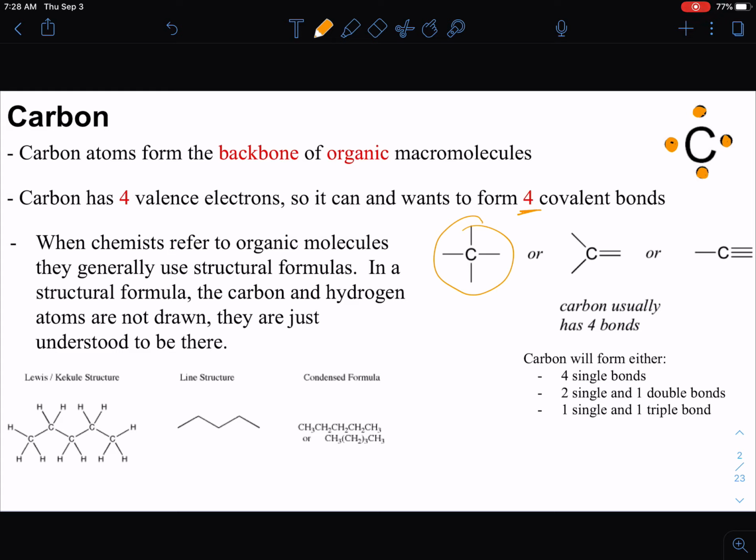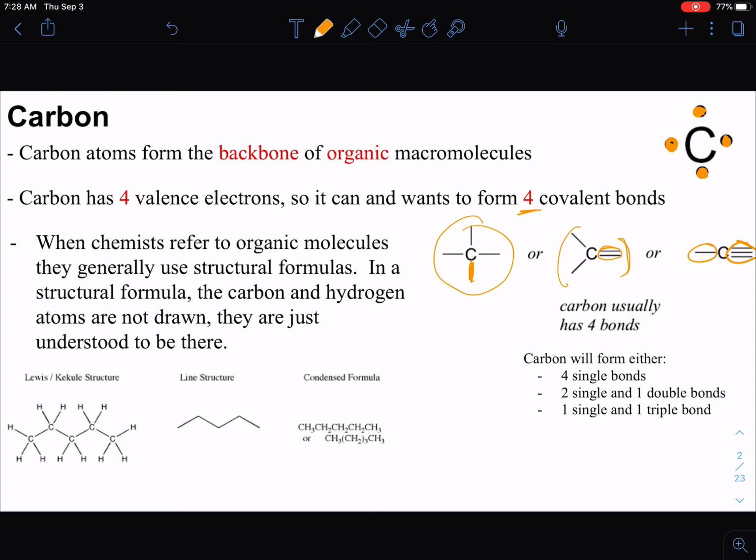You can have carbon form 2 single bonds and 1 double bond. This bond right here, that would be a double bond. And then you have over here where carbon can form a triple bond and a single bond. In all the combinations though, each one of these lines makes a bond, and you can see 4 of them in each one of the combinations.